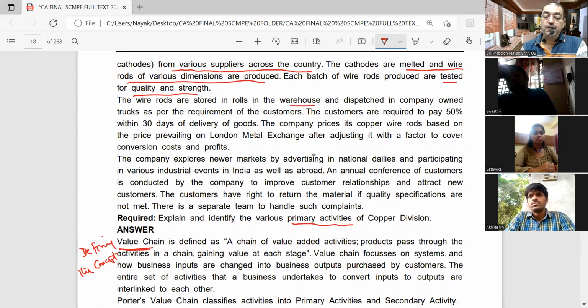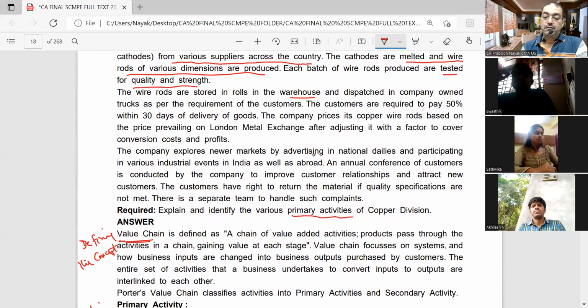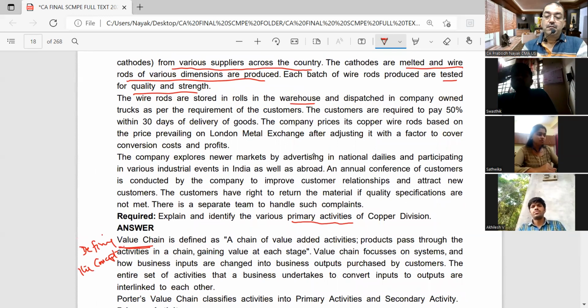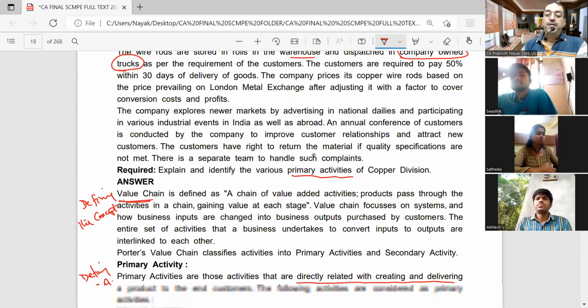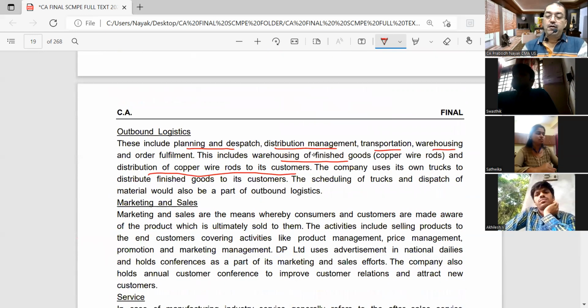They have said that company is using its own trucks. Company owned trucks. Highlight this in your answer. Company is using its own trucks for dispatch. So that means they are not depending upon other transporters. They can arrange their own schedules. So scheduling of trucks and dispatch of goods would be a part of outbound logistics.